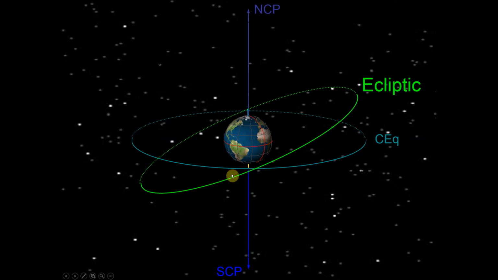And as you can see, the Earth, as it rotates around the sun, the ecliptic is not perfectly coincident with the equator. This means that there's a 23.5 degree tilt to the Earth. The Earth is not spinning in the same plane as the sun. It's slightly off center, and so it's spinning at an odd angle of 23.5 degrees.